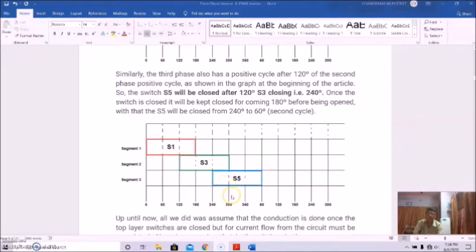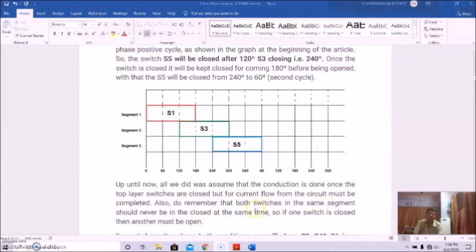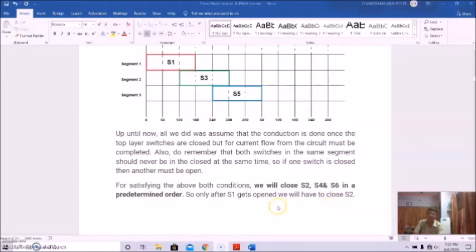Until now we have assumed that conduction is done once the top layer switches are closed, but for current flow the circuit must be completed. Also remember that both switches in the same segment should never be closed at the same time. So if one switch is closed, then the other must be open.